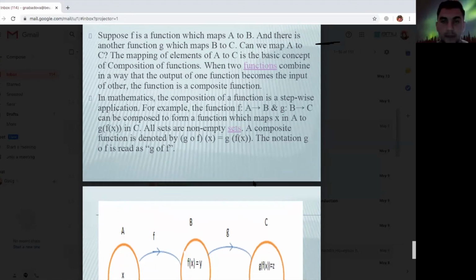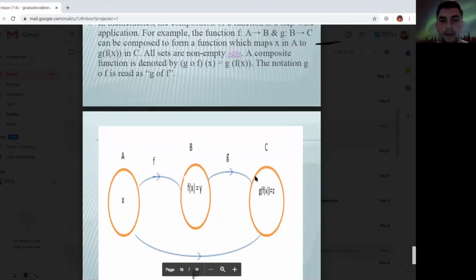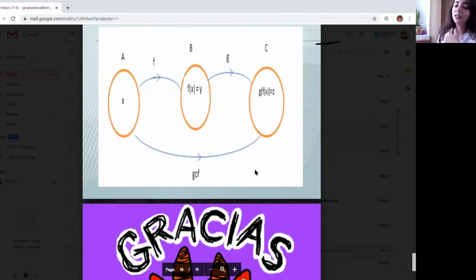The mapping of elements of A to C is the basic concept of composition of functions. When two functions combine in a way that the output of one function becomes the input of the other, the function is a composite function. Also, there are examples. And it's enough.